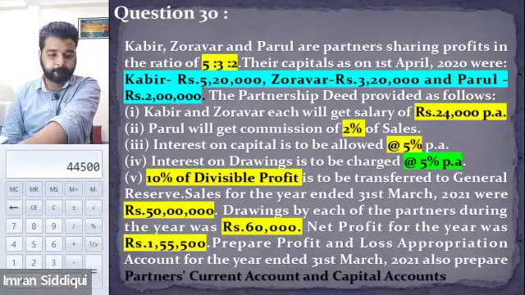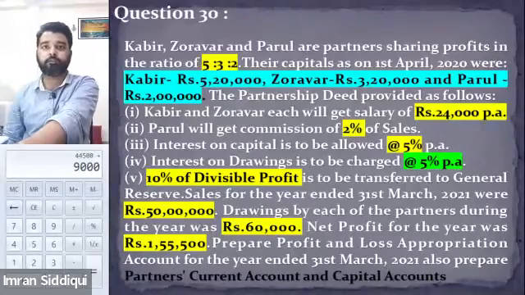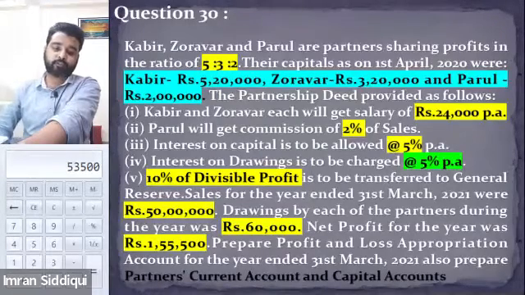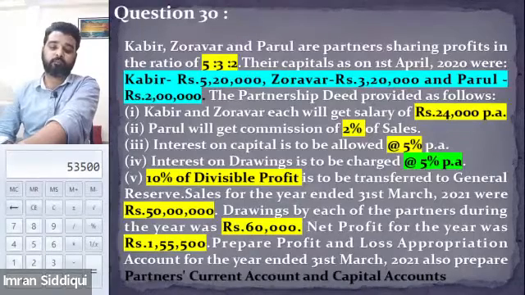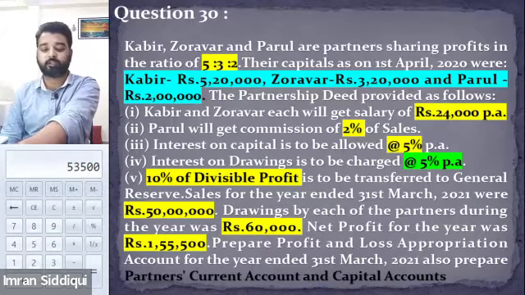Sir, you're missing the interest on drawing also, 9,000 rupees. So I'll add 9,000. No, you should subtract the interest on drawing also. Why should I subtract? Interest on drawing will be added to the profit. It will be written on the credit side of the P&L appropriation.